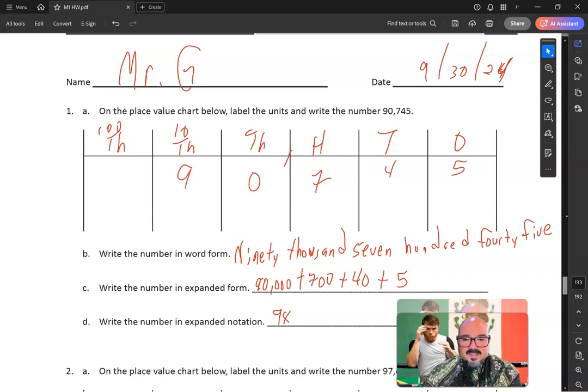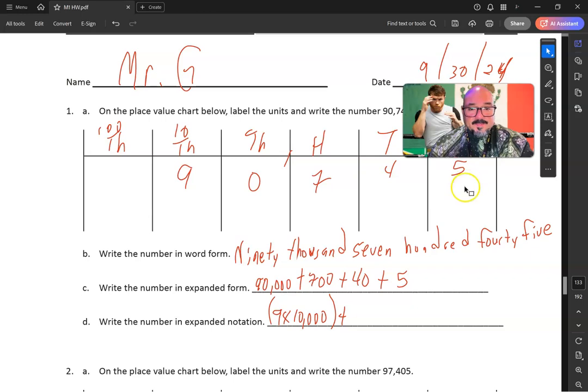So 9 times 10,000, plus hundreds is 7. So 7 times 100 because it's in the hundreds place, plus 4 times 10, plus 5 times 1.